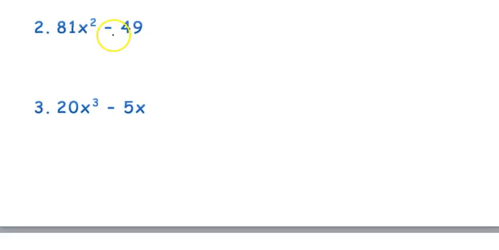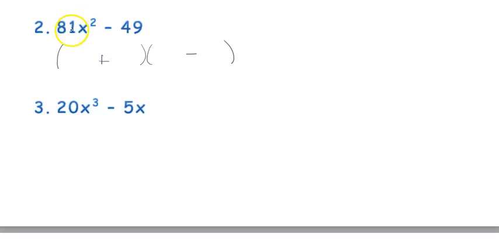Okay, our next example, let's check all of our parts. We have 81, which is 9 times 9, so it's a perfect square. X squared, which is an even power, so we're good there. And 49 is 7 times 7, so that works out, and it has a minus in the middle. So I'm going to make two parentheses, put a plus in one and a minus in the other. It doesn't matter which one you put first, whatever works for you.